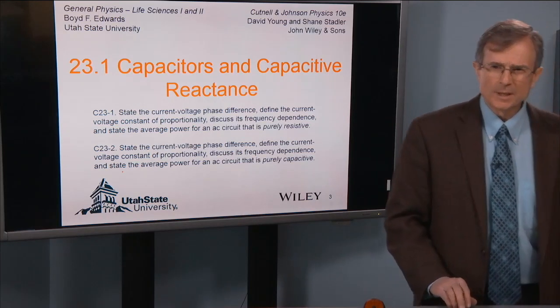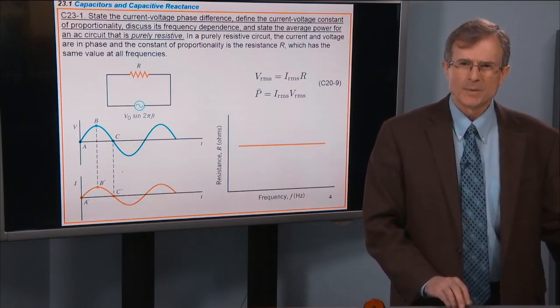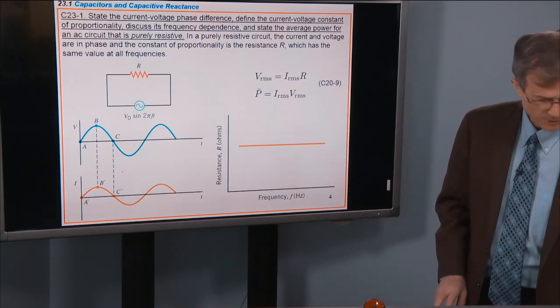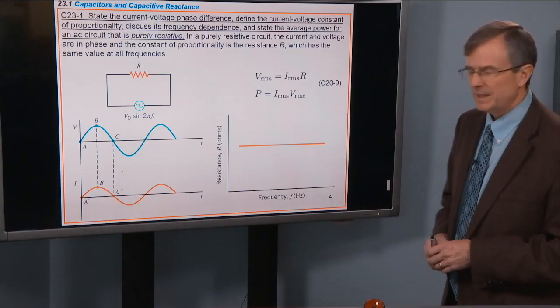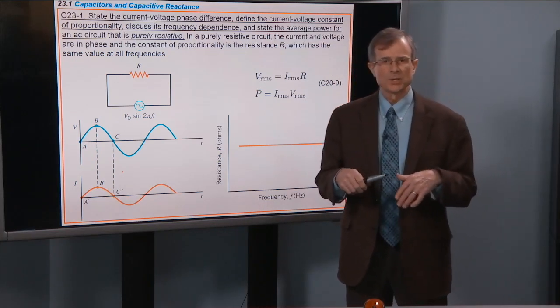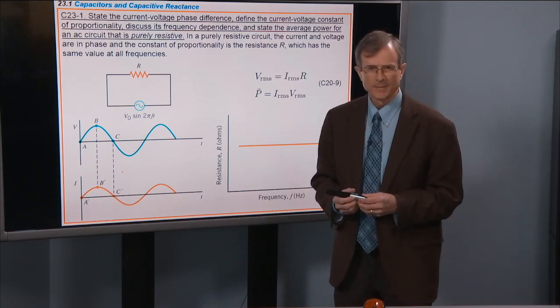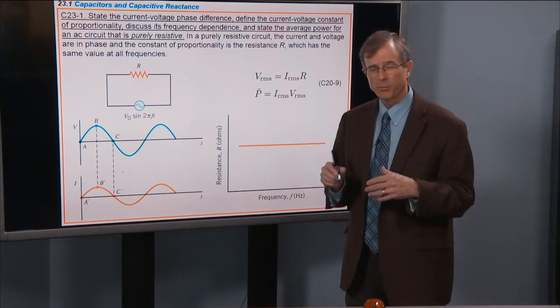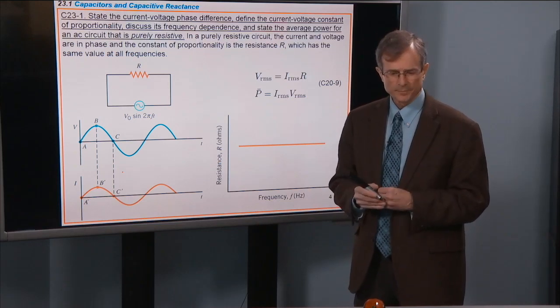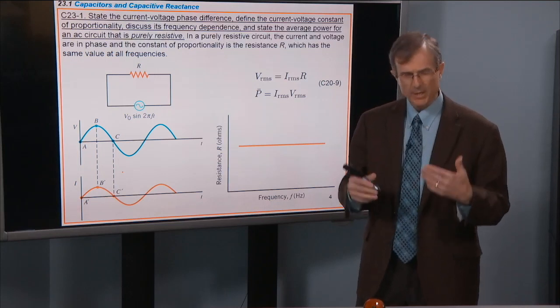So first, capacitors and capacitive reactance. But even before capacitors, we're going to do a concept that is essentially a review, but will set the stage for the concepts in this particular chapter. And understanding this concept is important in thinking about what happens with capacitors and inductors.